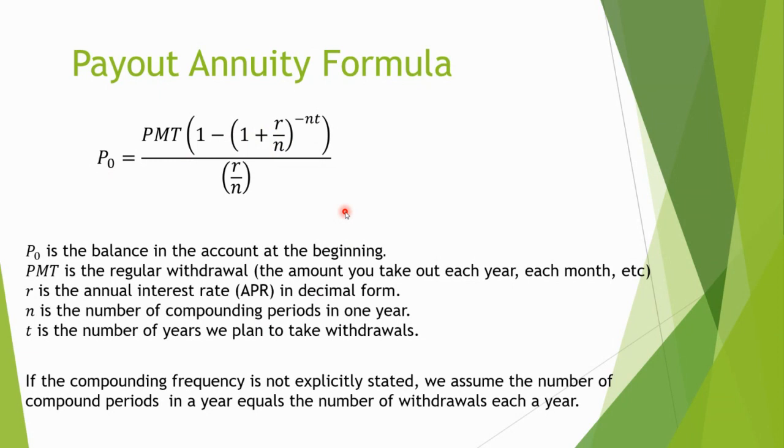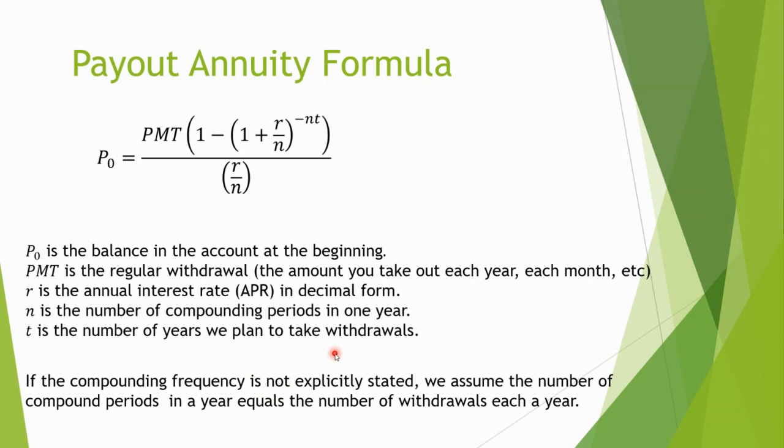r is our APR, our annual interest rate, as a decimal. And n, again, is the number of compounding periods in a year. t is time, so it's how many years you're doing this for. Now, again, if compounding frequency is not stated explicitly, again, this is really more what the book is doing, the convention.